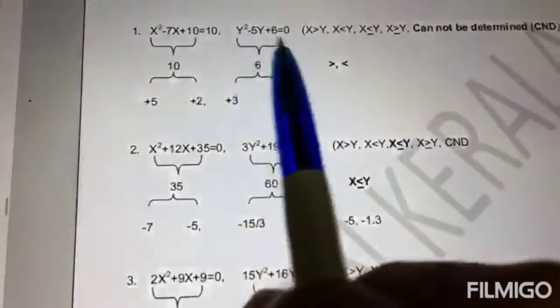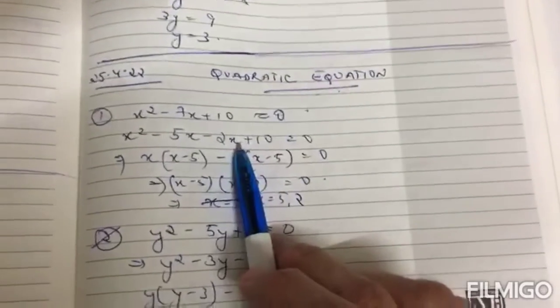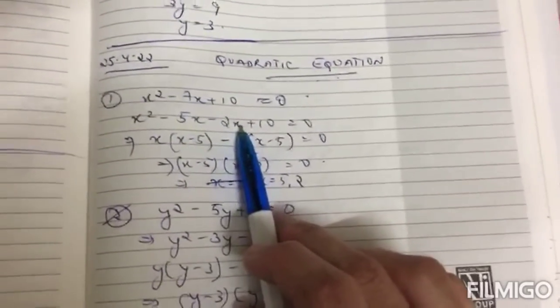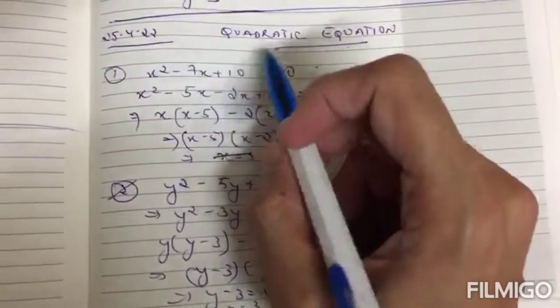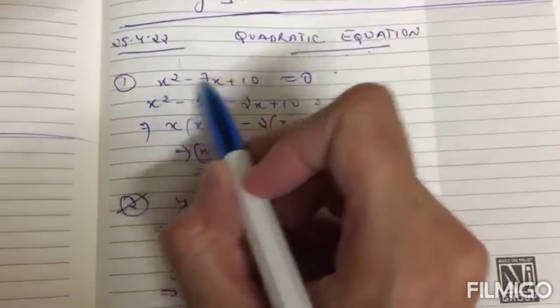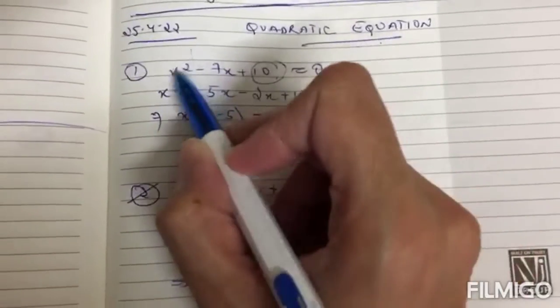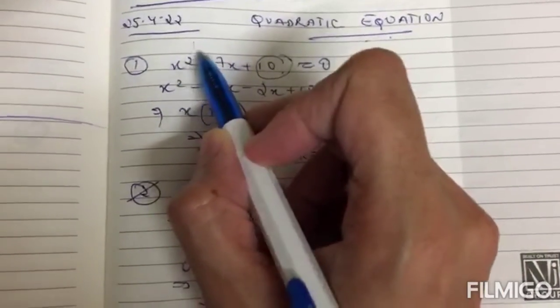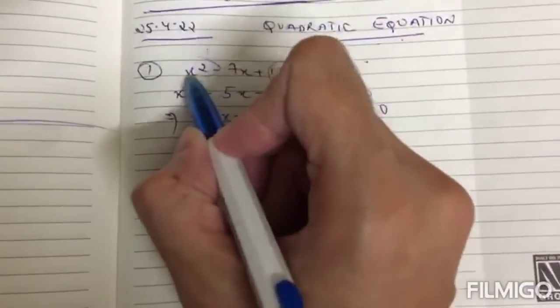Alright, so how do we find the values of x and y given these equations? We cannot solve this as simultaneous equations. We can solve simultaneous equations only when the equations are linear. So first, we have to take the product of the constant, that is the number without a variable, and the coefficient of the square term.